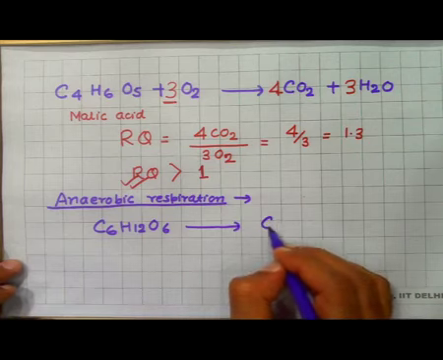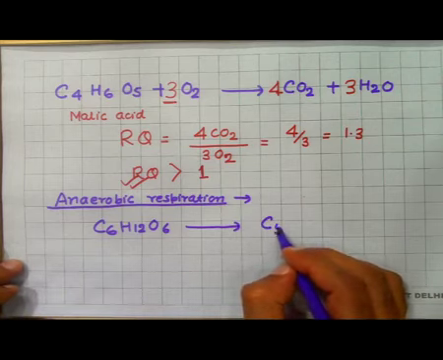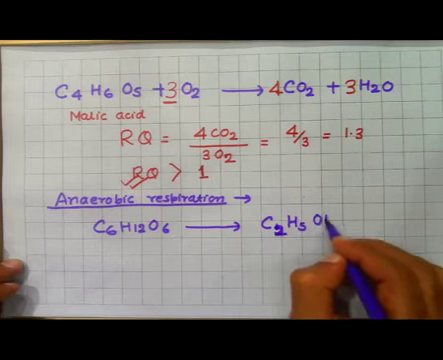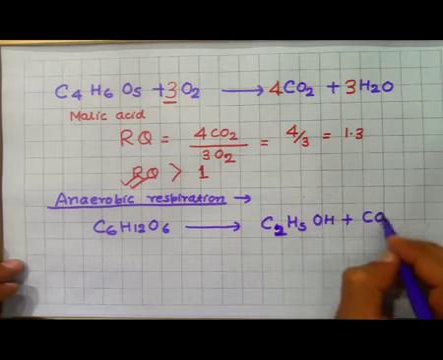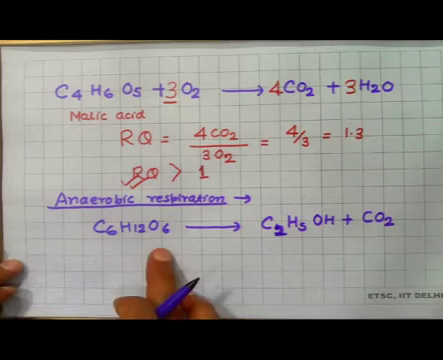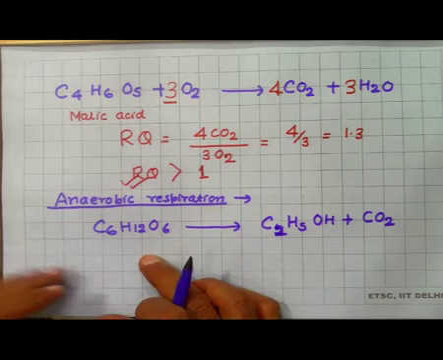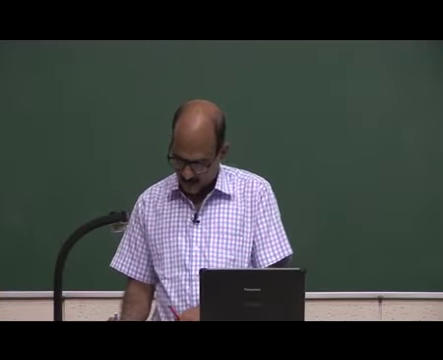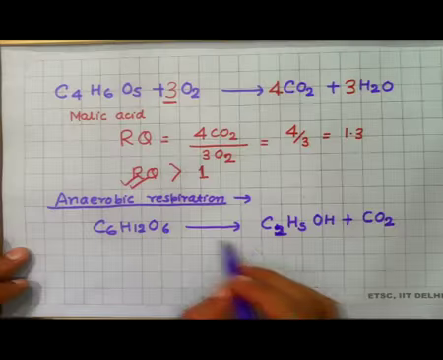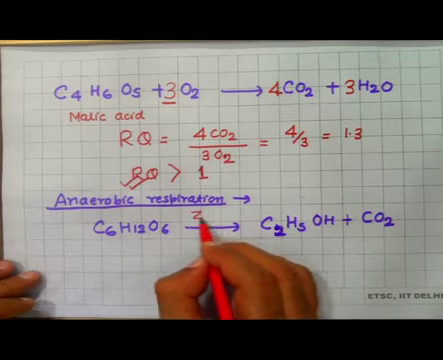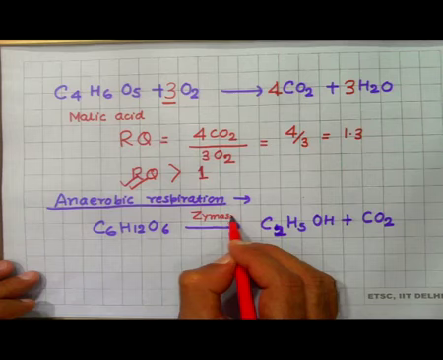It gives ethyl alcohol, C2H5OH, plus carbon dioxide. This type of reaction is called anaerobic respiration, where for the oxidation there is no need of oxygen. This reaction takes place with the enzyme called zymase.